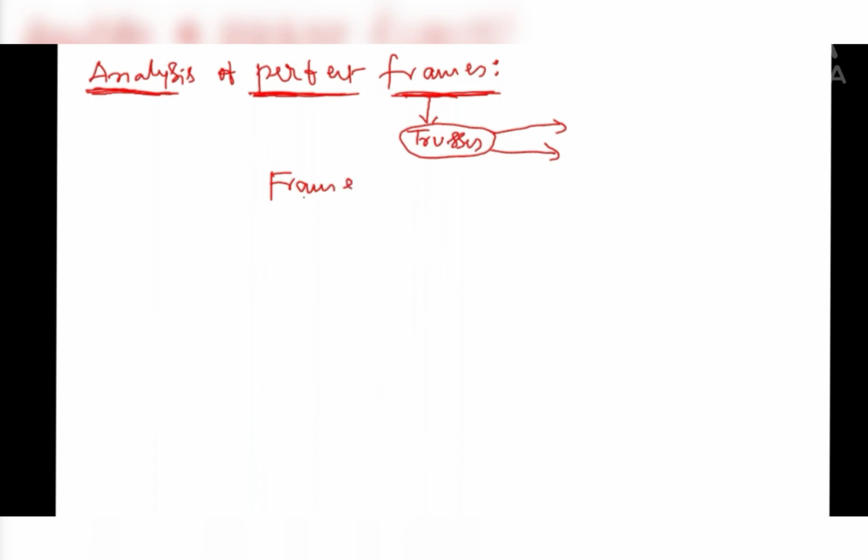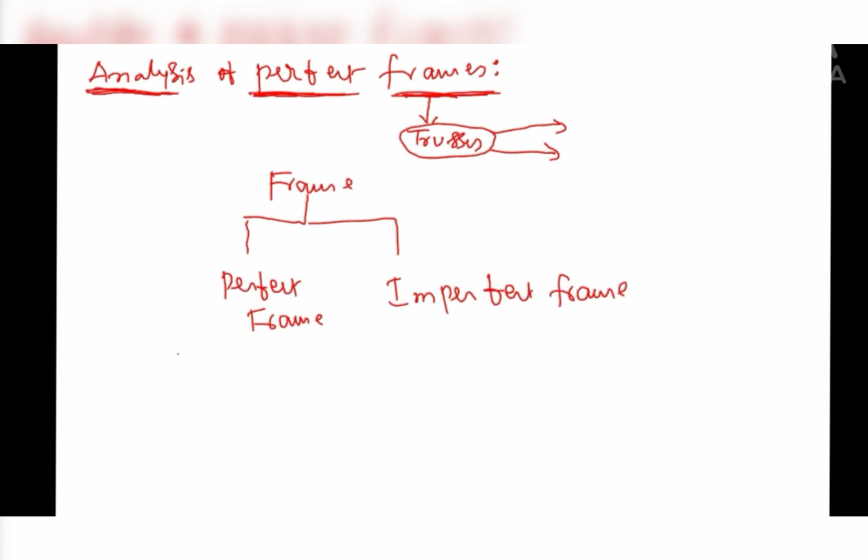Basically we have two types of frames: one is the perfect frame, another one is the imperfect frame.